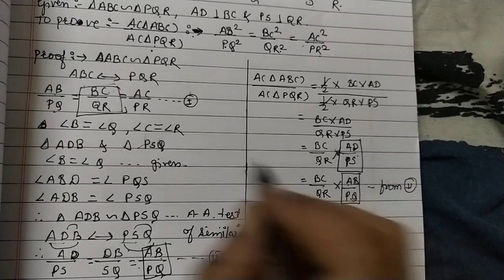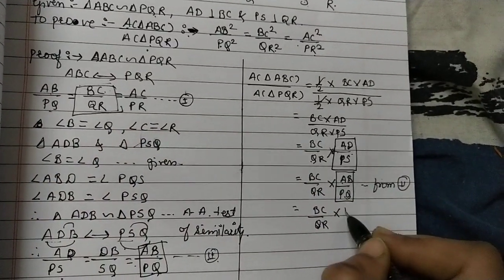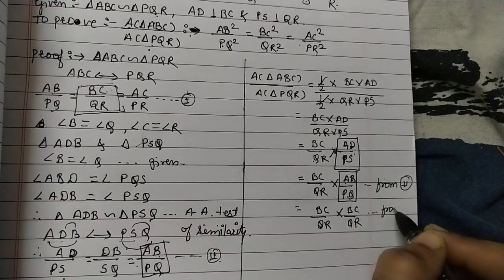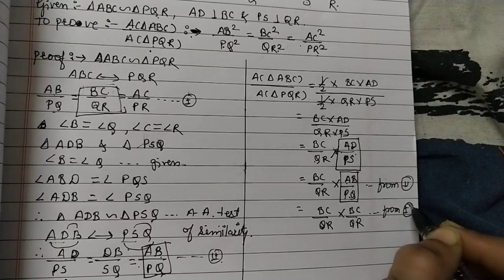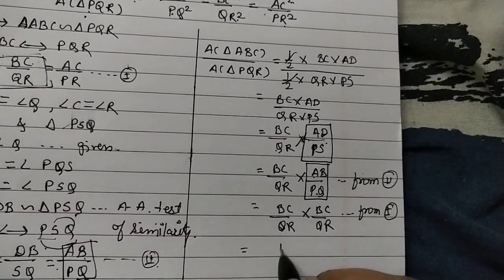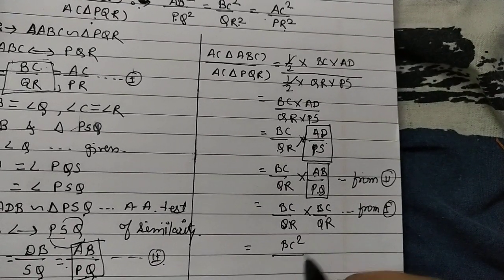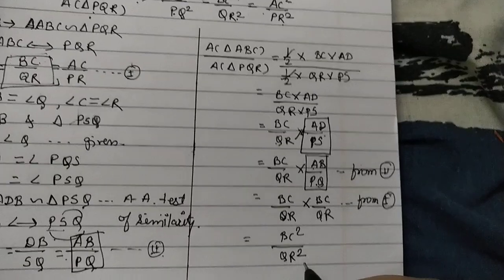So what I am going to do is write BC upon QR into, in place of AB upon PQ, BC upon QR, from 1. So what have you got? BC into BC is BC square upon QR into QR is QR square.